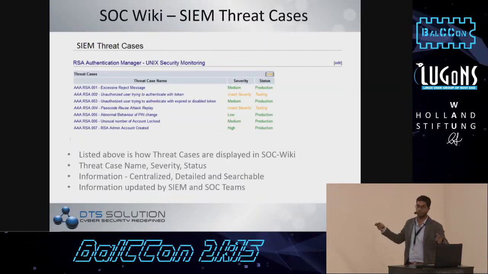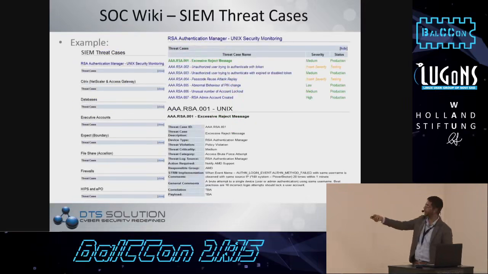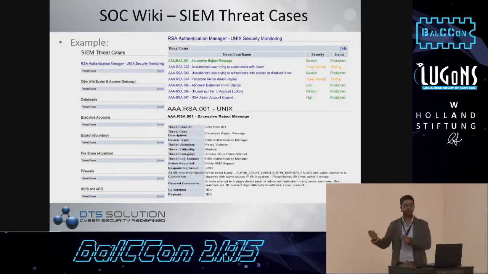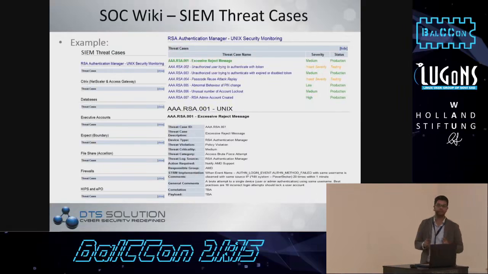In your SOC center, you will get this appearing, AAA RSA 003. Immediately you take this, put it into your portal, and you know the reason why this happened, how to investigate, who to call, what is the issue. So you know you have a coordinated plan when it comes to incident response.